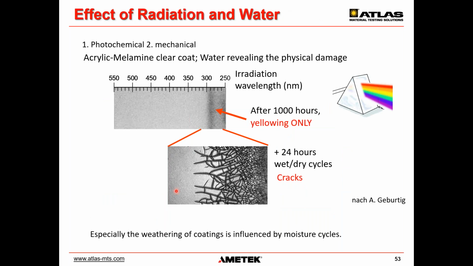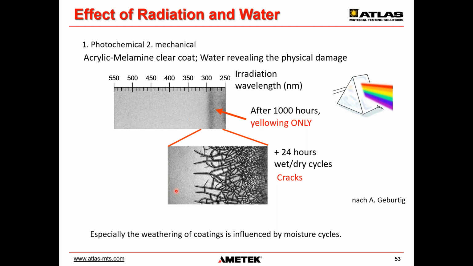And the critical part about moisture is very often the moisture cycles. And very often these moisture cycles are relevant for polymer or coating degradation. Here we have an example where a coating was exposed to spectral irradiation, and there was actually only yellowing with just irradiation.